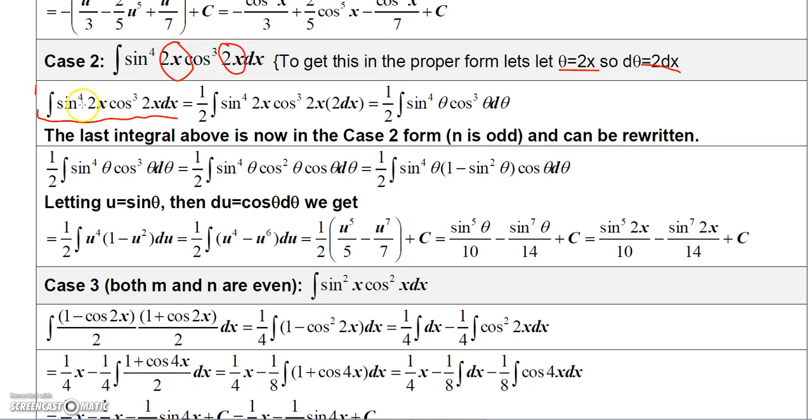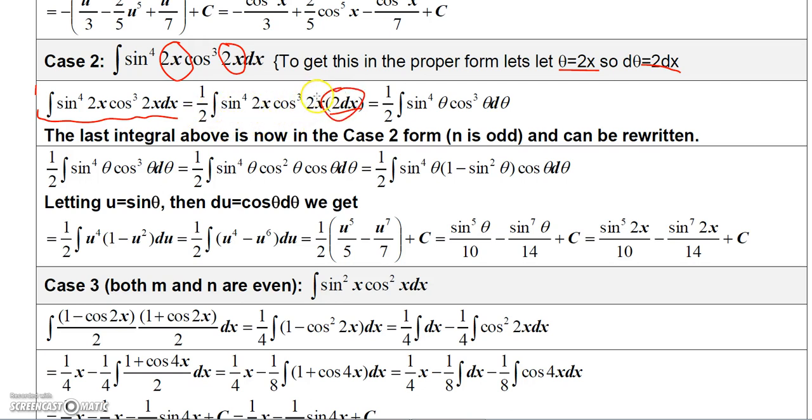Okay, so here's my original integral. Now I'm going to let theta equal 2x. The reason I don't want to let u equal 2x here is I don't want it to be confused with a later substitution I'm going to do. So that's why I'm going to use theta. If I let theta be 2x, then d theta must be 2dx. So I need to multiply dx by 2 so that this part right here is my d theta.